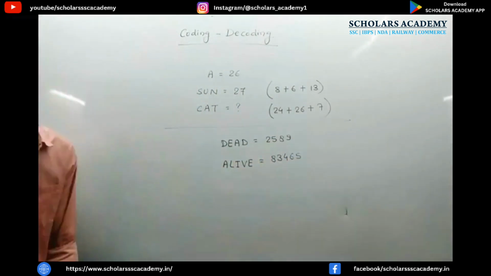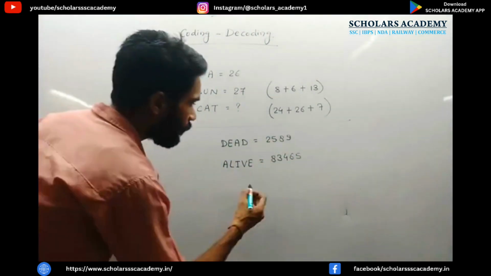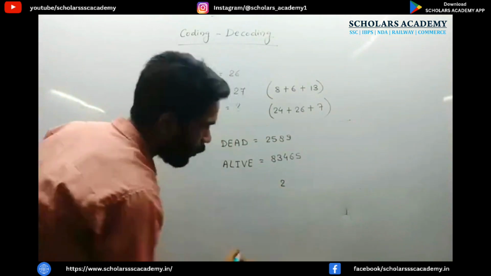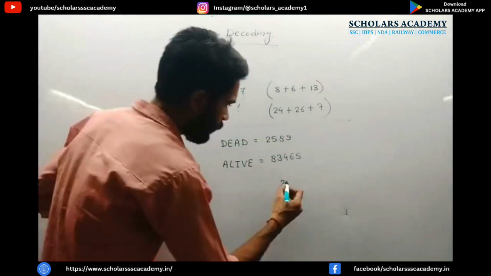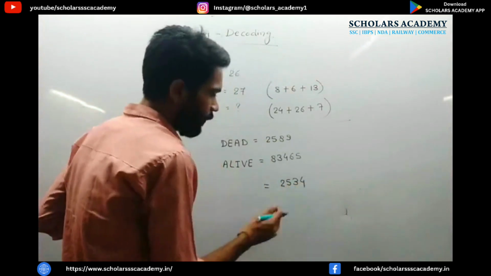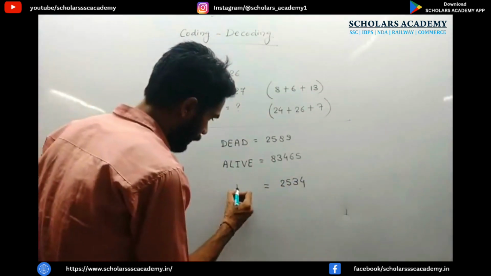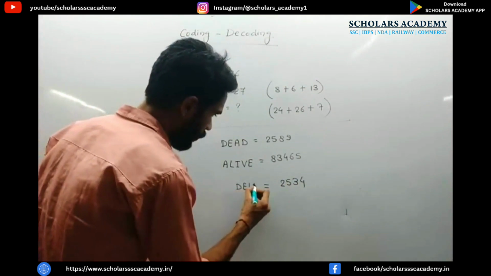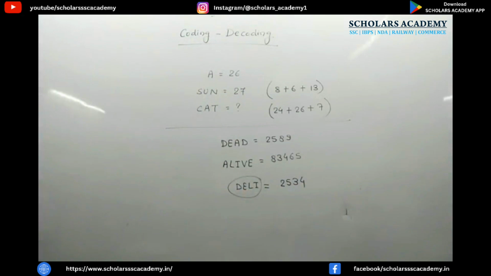Nothing new. So you have to tell the code. Now you have to tell which word will be coded as 2534. So what will be the word which is coded as 2534? DELI. That's it. So again, a direct coding based question.